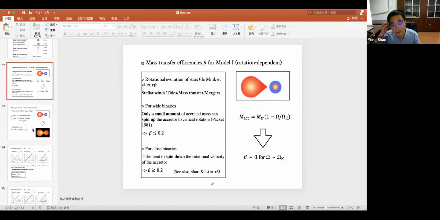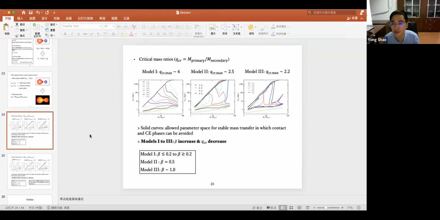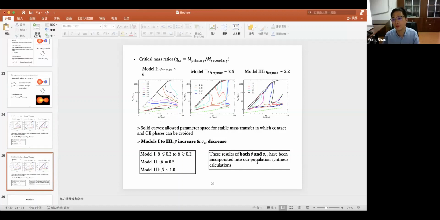Using these assumptions, we can use the code to obtain the critical mass ratio, and when we obtain it, we can fit different curves and incorporate them into my population synthesis code to do the population.